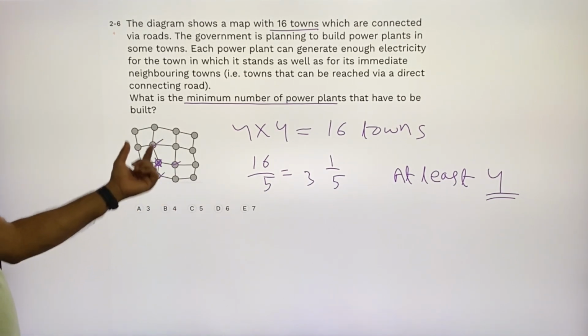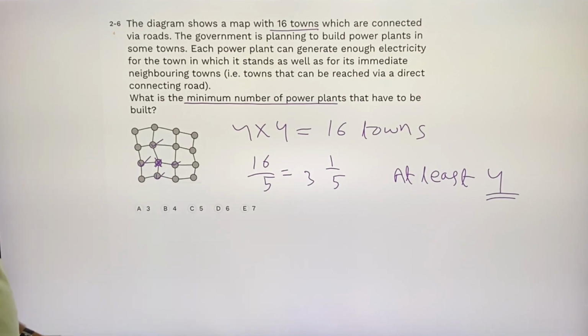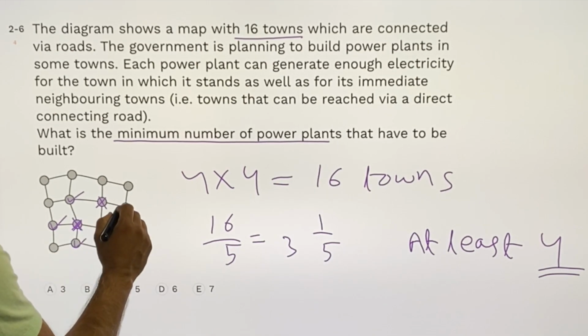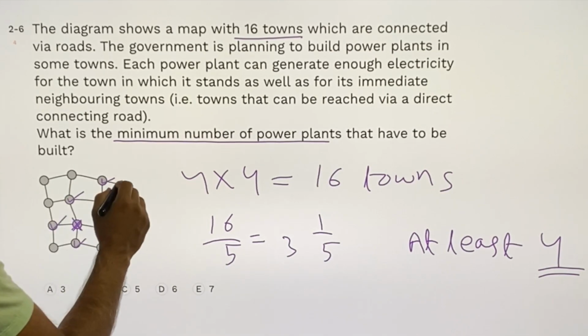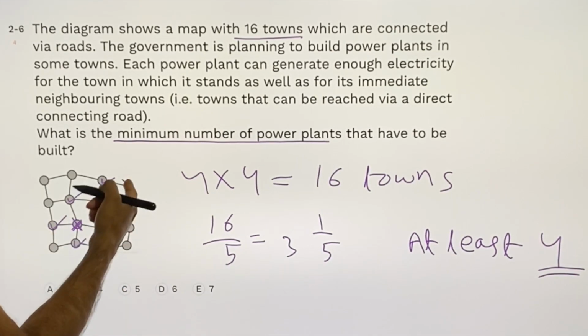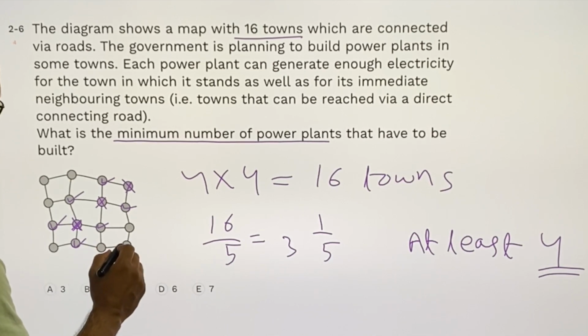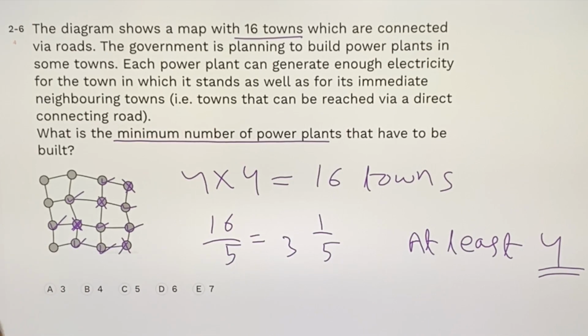Let me start putting power plants at some other towns and see how many I can manage with. If I put one here, then it can provide to this and this. Then I have to put one here because this was left out. If I provide here, I can provide to this too.